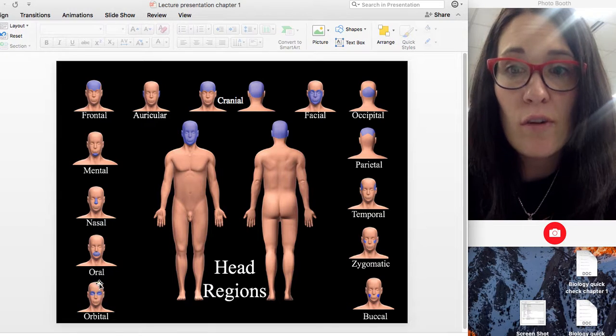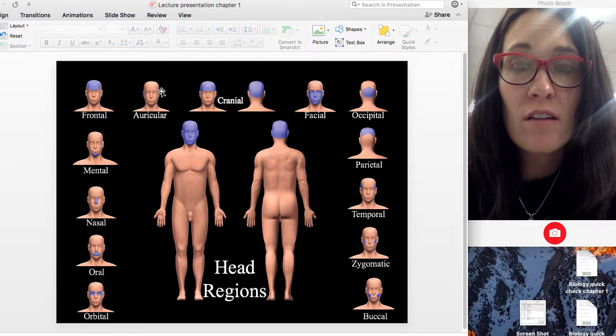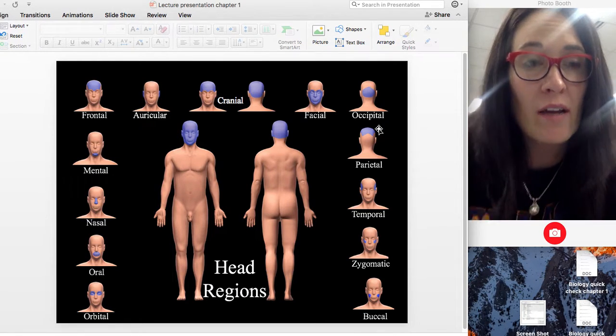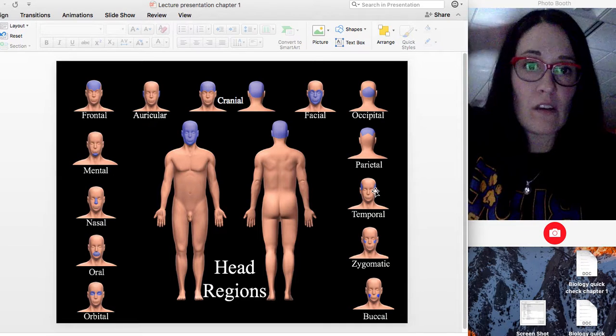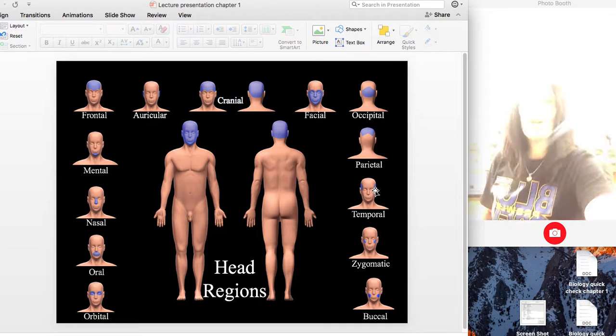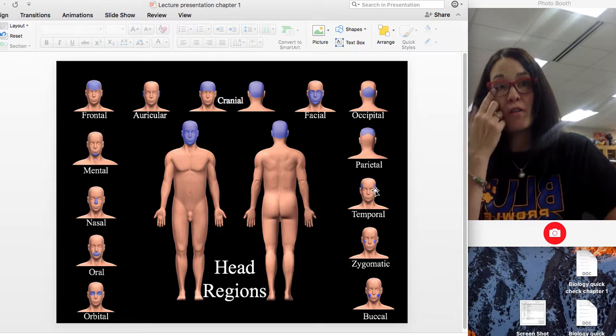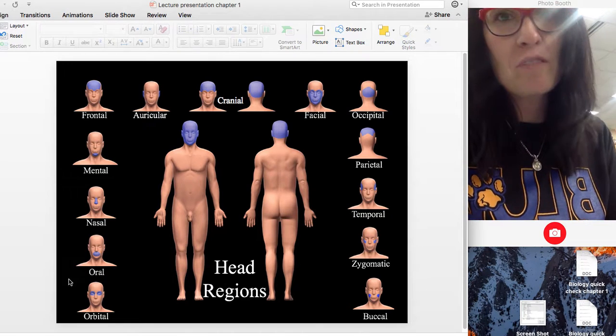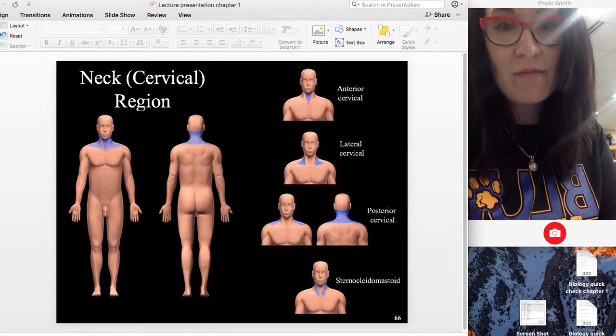You can see orbital, oral, nasal, mental, frontal, auricular for the ears, cranial, facial, occipital, parietal, temporal, zygomatic, and buccal. Pretty much if you know all these, you can name most of the bones of the skull, which helps.